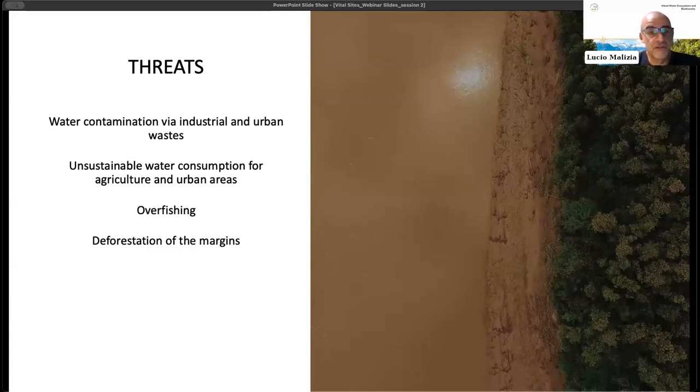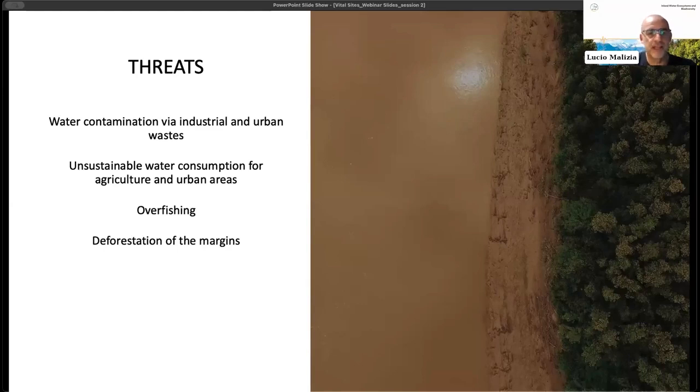And also agriculture consumption, especially for sugar cane, has been a threat, changing the volume of the water flowing. We still don't have a regulation of how much water you are supposed to leave in the river, so that's a very difficult point, but it has to be addressed and regulated.